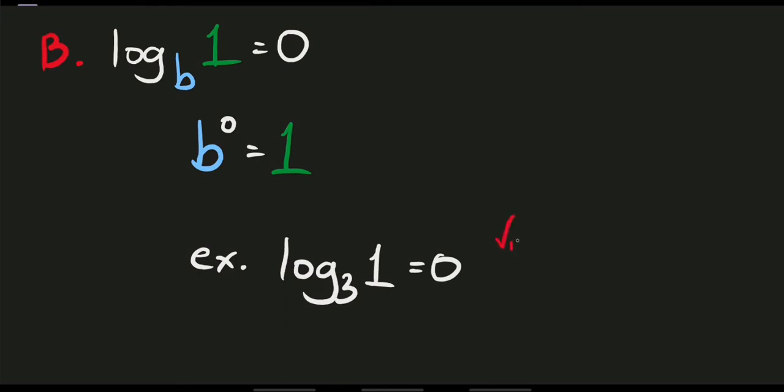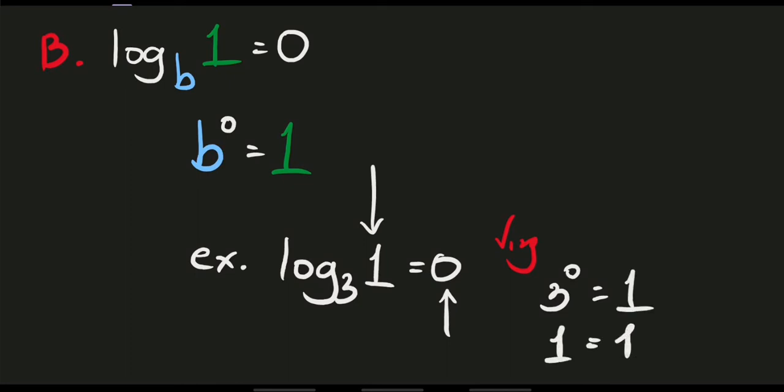Let's transform this given logarithmic expression into its exponential form. Copy the base, we have 3, and our exponent, we have 0. So 3 raised to 0 is equal to 1, and 1 is obviously equal to 1. That is true, and our answer is correct. That is our second property.